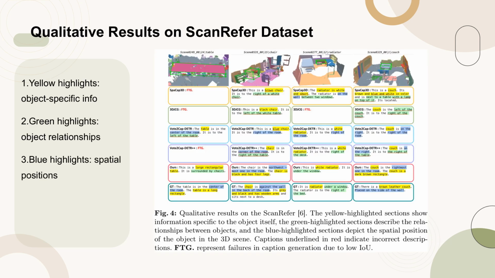Figure 4 presents qualitative results from the ScanRefer dataset, illustrating the effectiveness of the proposed method in generating detailed captions for 3D scenes. The yellow highlighted sections in the figure provide information specific to individual objects, such as their attributes and characteristics. Green highlights describe the relationships between different objects within the scene, showing how objects interact or are related to each other.